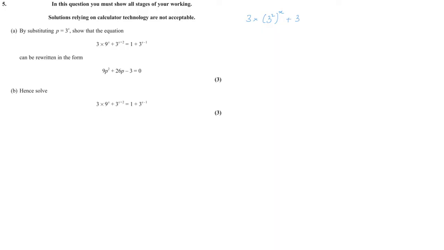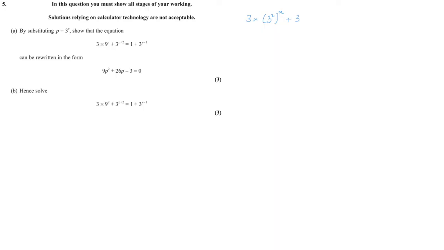So when I've got powers, like 3 squared times 3 to the power 5, I add the powers. That's 3 to the power 7, isn't it? 2 plus 5. Now with this one, x plus 2, I've got to go from this step backwards, so I'm separating them out.